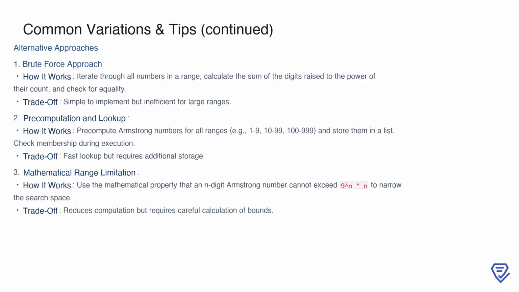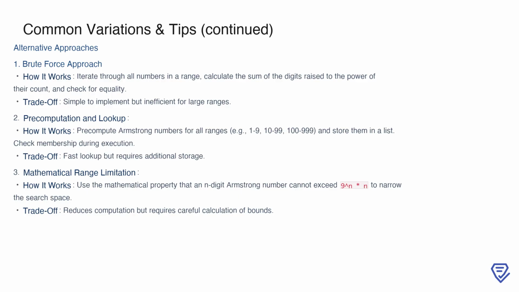An alternative is pre-computation and lookup. Here, you pre-compute all Armstrong numbers within specific ranges, like 1-digit, 2-digit, or 3-digit numbers, and store them in a list. During execution, you simply check if a number is in the pre-computed list. This is much faster but requires additional storage. Another approach is to narrow the search space using mathematical range limitations.